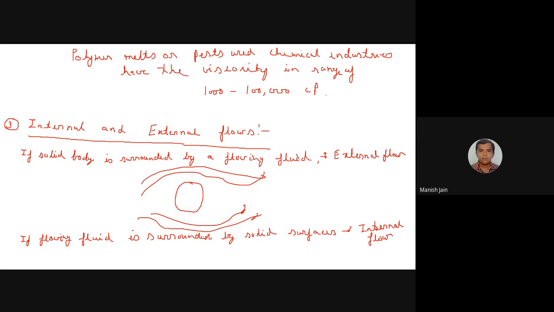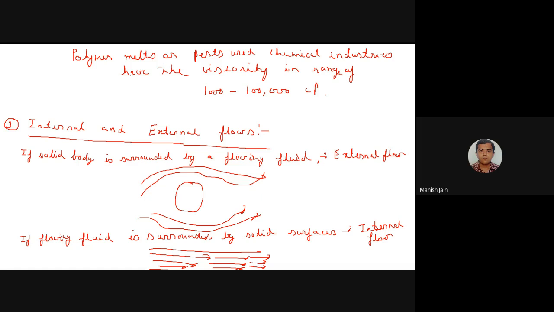Suppose flow inside a pipeline, that is the internal flow. So basically, both external and internal flows are important. They have their own applications, and the physics also differs in internal and external flows.